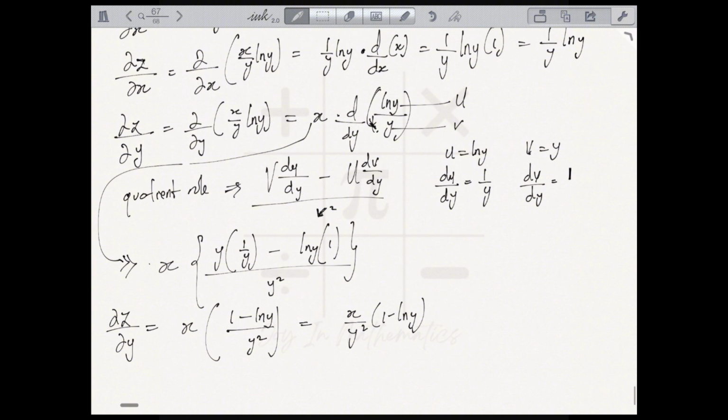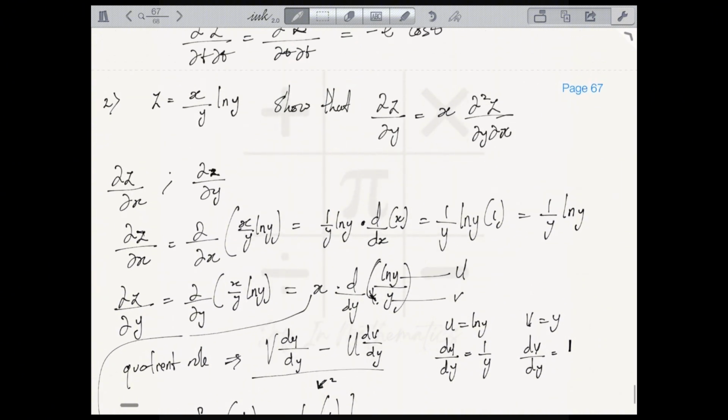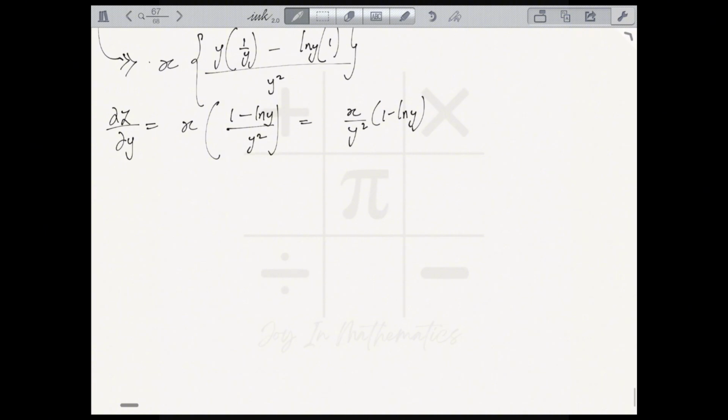Now let's go back to our question. We are asked to show that ∂z/∂y is equal to x ∂²z divided by ∂y∂x. Now we are able to evaluate this, but now let us evaluate this. That is ∂²z/∂y∂x. That is differentiating partially with respect to y of ∂z/∂x.